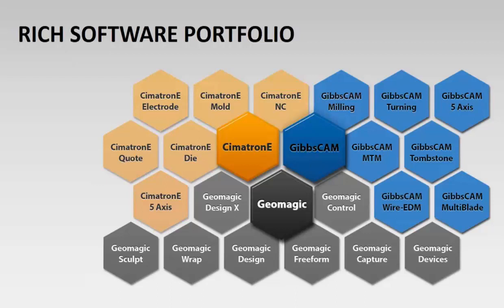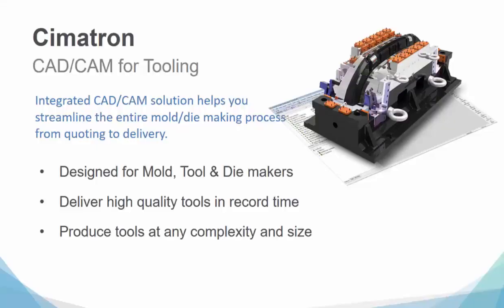Here you see it covers a wide gamut of disciplines in manufacturing pretty much across the board. We're going to focus on Cimatron, especially the mold design product, because that's, of course, what lends itself exactly to this application. Cimatron mold design has been around for many, many years. It's well proven in the industry. It's just continued to evolve as techniques and processes have evolved. Those things have been incorporated into it.